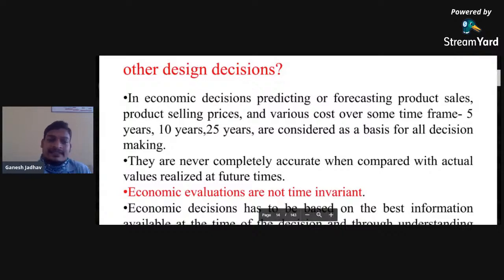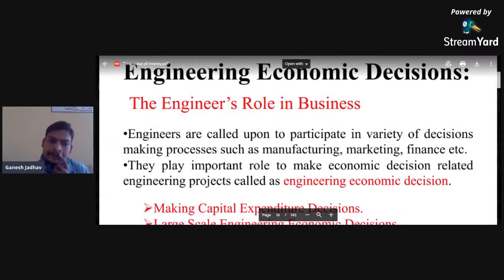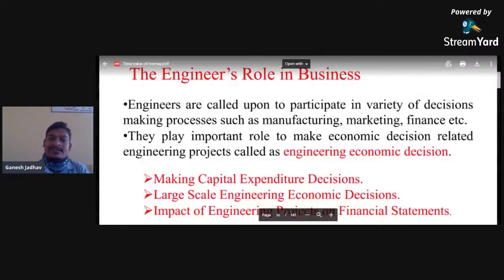Then we say the engineer's role in the business. What is the engineering role in the business? Engineers are called upon to participate in a variety of decision making processes such as manufacturing, marketing, and financial. They play an important role in making the economical decision related to the engineering product, called an engineering economical decision.